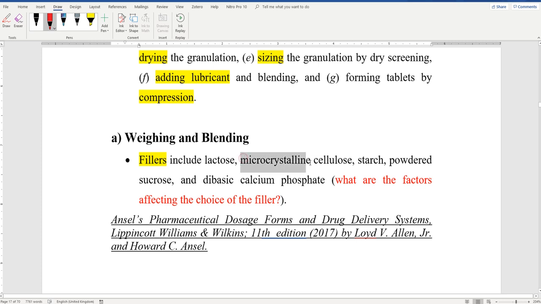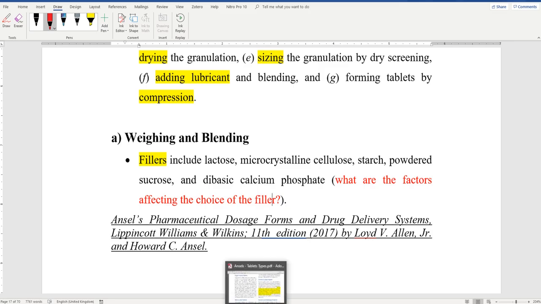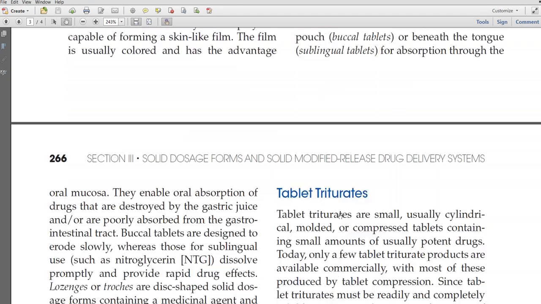The same is with microcrystalline cellulose. These two are the most commonly used diluents. Lactose is water soluble, microcrystalline cellulose is not. We have also starch, sucrose, dibasic calcium phosphate. So there is a wide range of diluents that we can use. The homework you have is what are the factors affecting which diluent I need to use. And I will show you these factors.